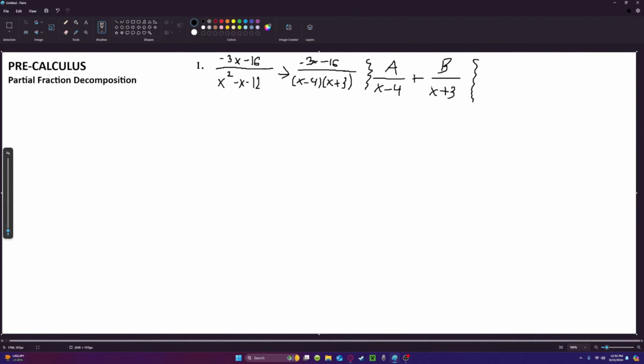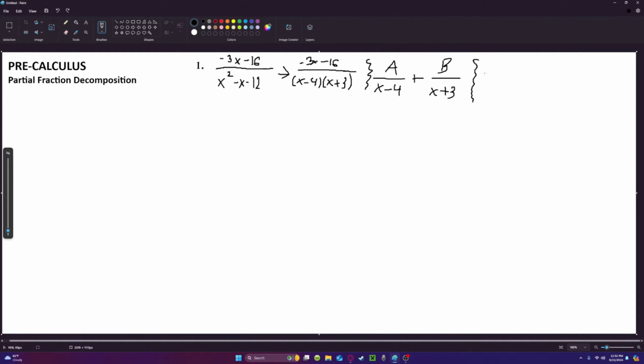So what we have to do now is multiply the x plus 3 to both sides. So we have to multiply the x plus 3 to the A and to the x minus 4. And then the same thing on the other side. So the x minus 4 has to multiply to the B and to the x plus 3.